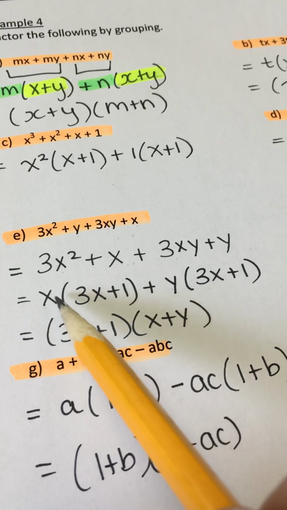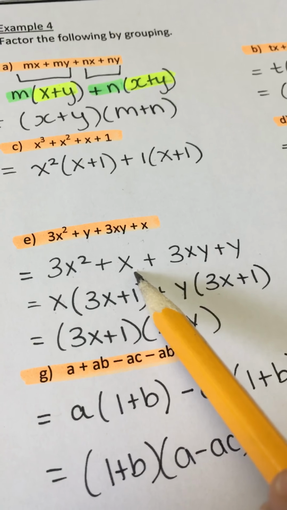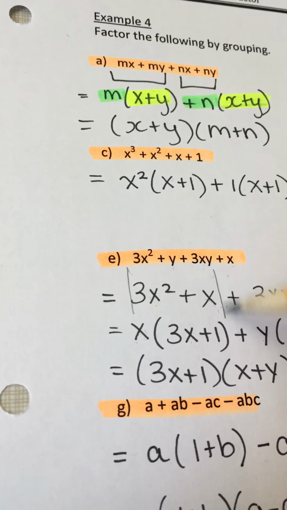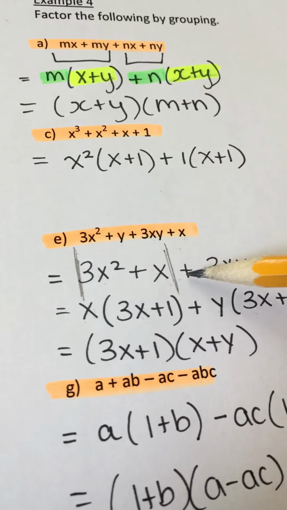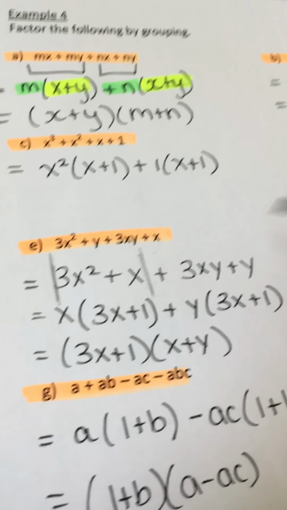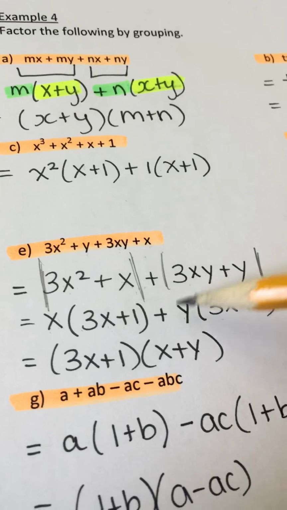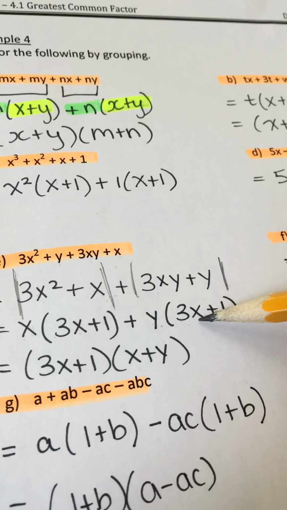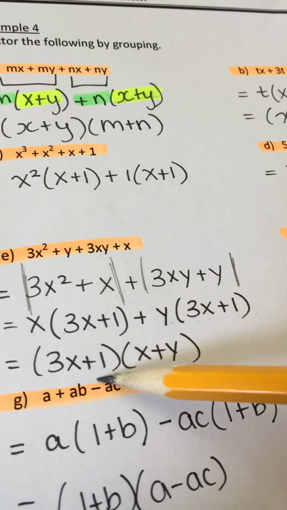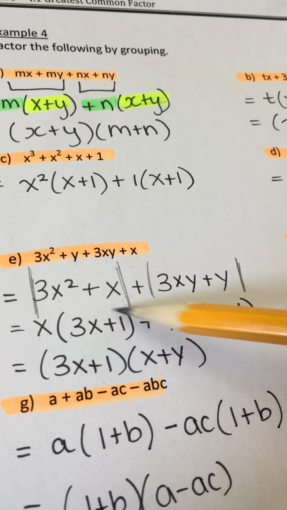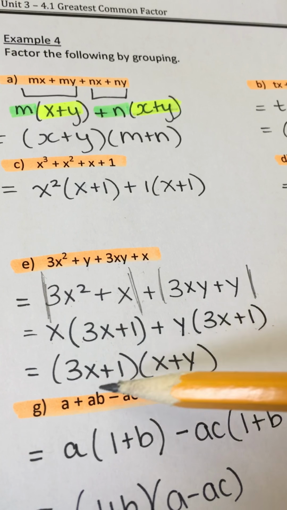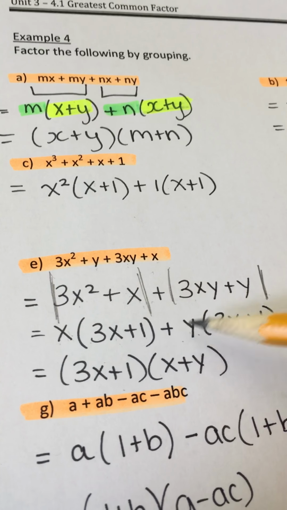By pulling out an x here, I was left with 3x + 1. So this first part gave me x times (3x + 1), and the second part is where I got y multiplied by (3x + 1). Then I brought together my grouping. My 3x + 1 was my group, and then I grouped together what was outside of my bracket.